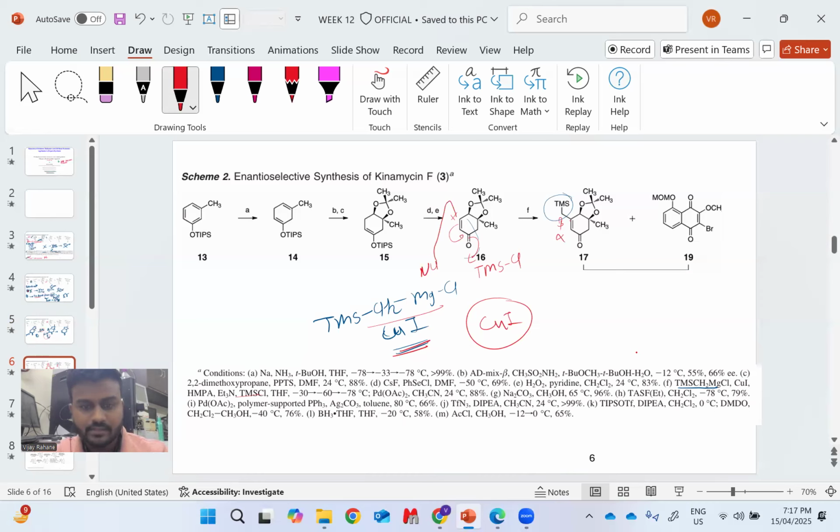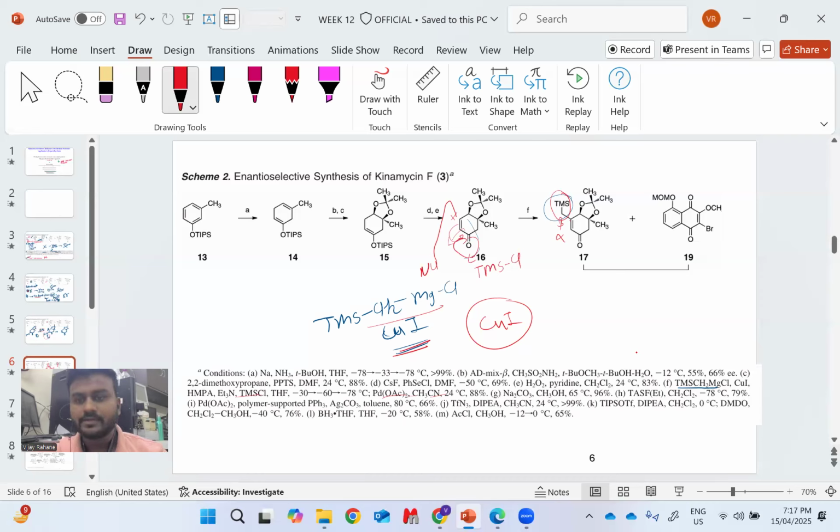And when you elevate the temperature and add palladium acetate, what does it do? The TMS gets removed and here addition of hydrogen takes place. So in this step, basically the nucleophile CH2TMS is added at the beta position of this alpha beta unsaturated ketone.